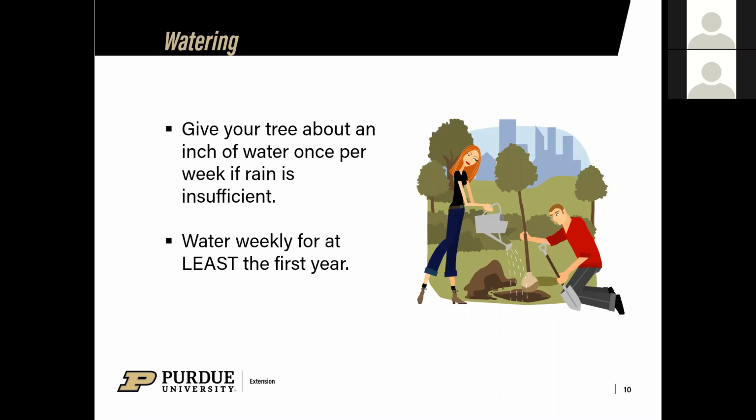Those pines, the hollies, the boxwoods, those plants lose moisture all winter long. So we want to make sure there's plenty of moisture in that soil, even during the hottest, driest part and the coldest part of the winter. We want water on those roots. Water is very, very important.